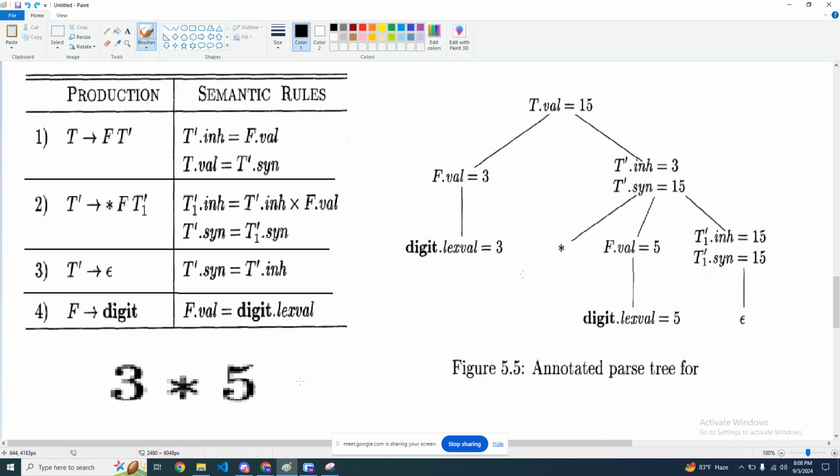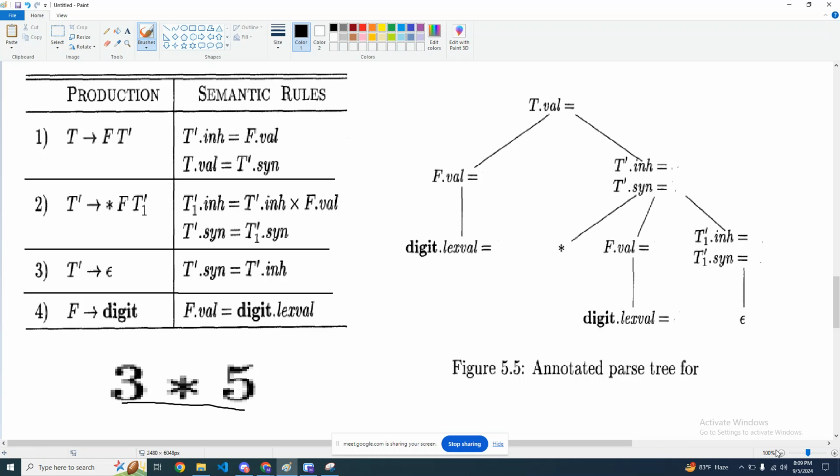So to do this, you will first draw the parse tree that will generate 3 into 5.